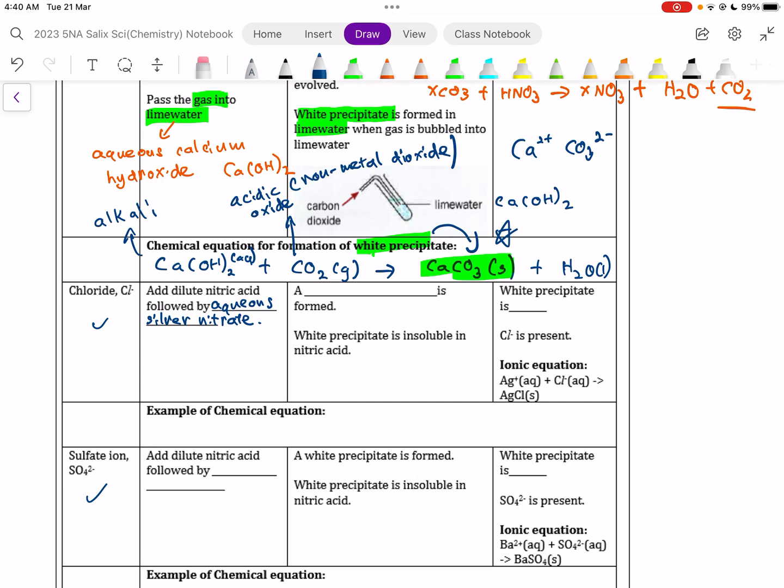In this case, a white precipitate is formed, and it is insoluble in nitric acid. So the observation is a white precipitate forms. And what is this white precipitate? You have to know. This white precipitate is actually AgCl, silver chloride. The name is silver chloride.